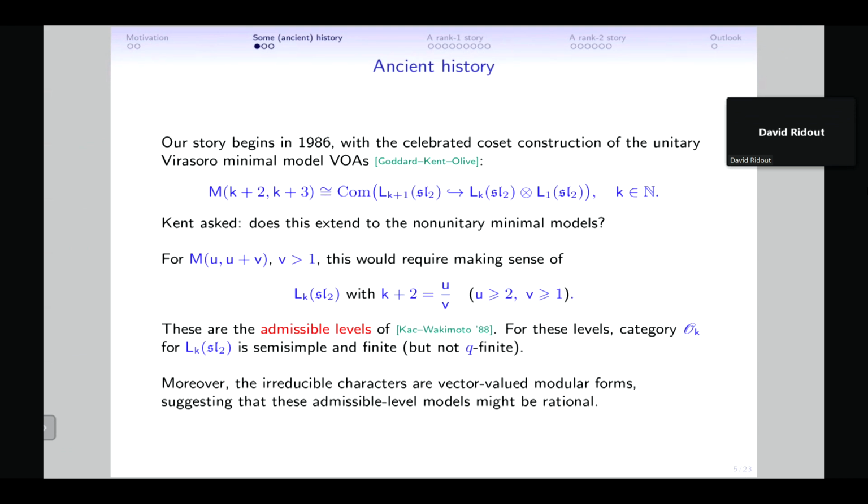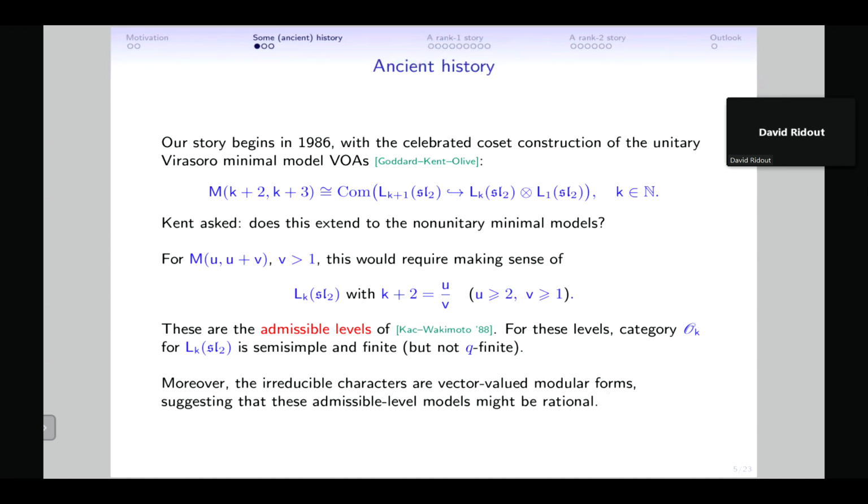What we know is that at these levels, the classical category O for these vertex operator algebras happens to be semi-simple and finite, but it's not C_2-cofinite. So it still looks like it might correspond to a rational VOA, but in fact, the cofiniteness tells us immediately that it's not. Well, we still get some nice properties.